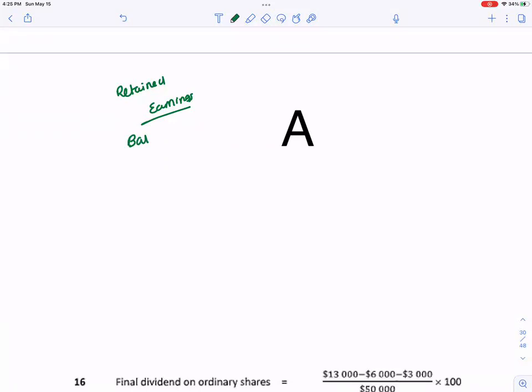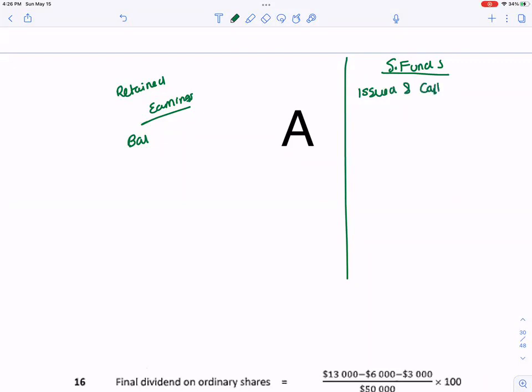Do you all know the format? Do you know the format of shareholders funds?